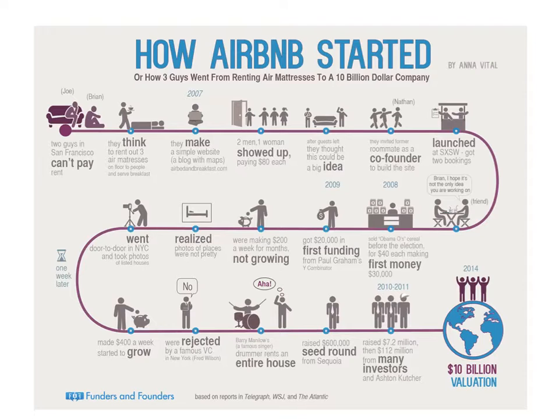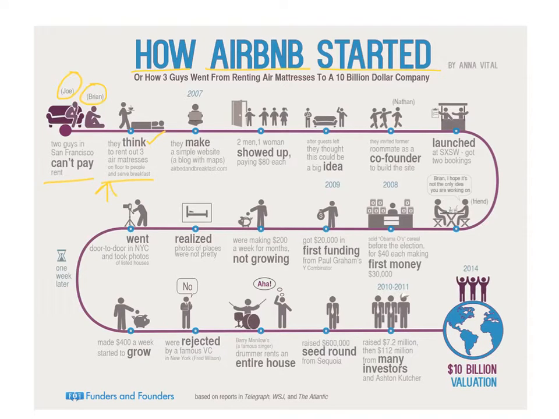Found this chart, how Airbnb got started. Can't pay rent. Joe and Brian, what do? So they think, which is a good thing to do nowadays. They think to rent out 3 air mattresses on the floor for people and serve them breakfast.